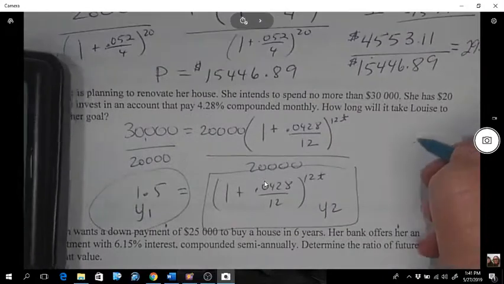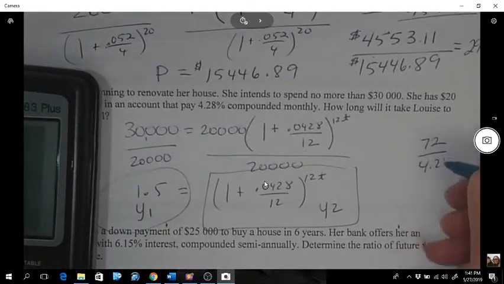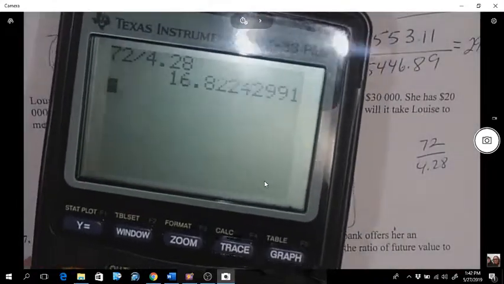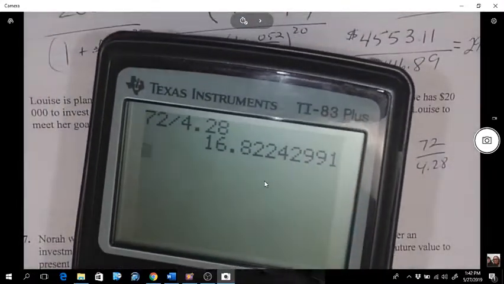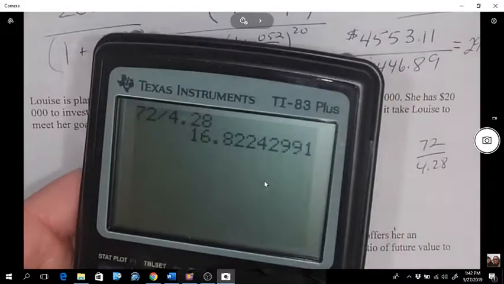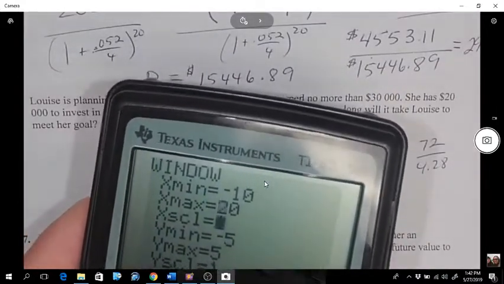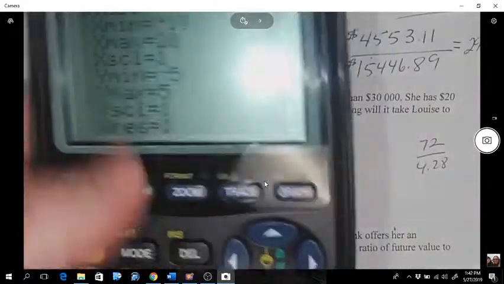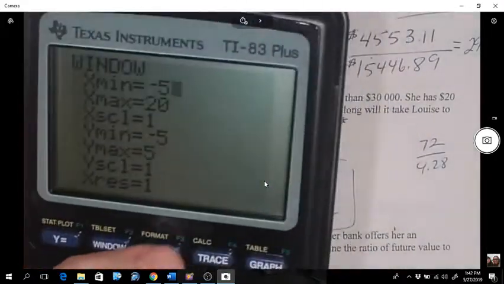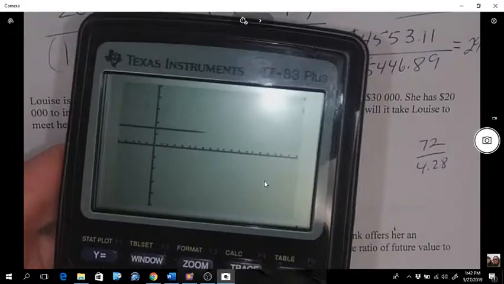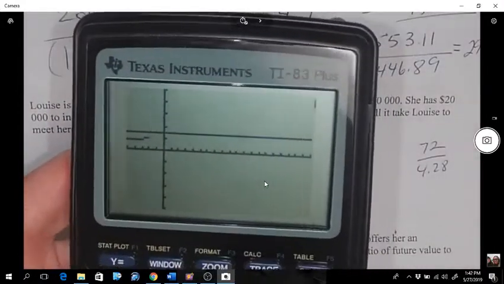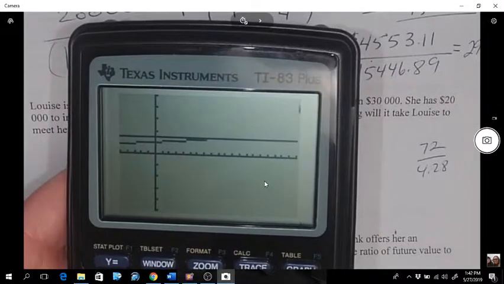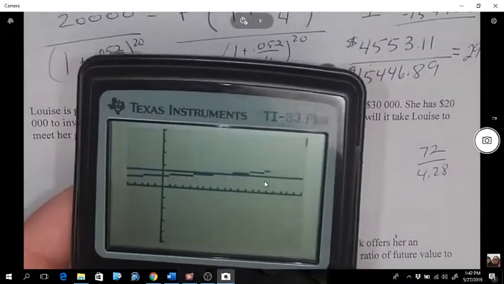Now I'm just going to quickly do a 72 divided by 4.282 to see what my estimate would be. So I'm guessing around 17 years, so I'm going to make sure that my X is going up to at least 17 there. So I don't need much for negatives, obviously. Alright, so there's the height of 1.5 times the investment, and there's the investment growing, growing, growing. So where do they intersect?